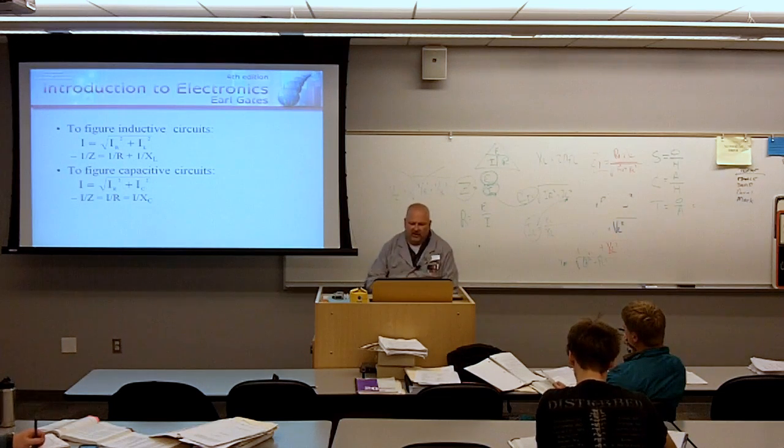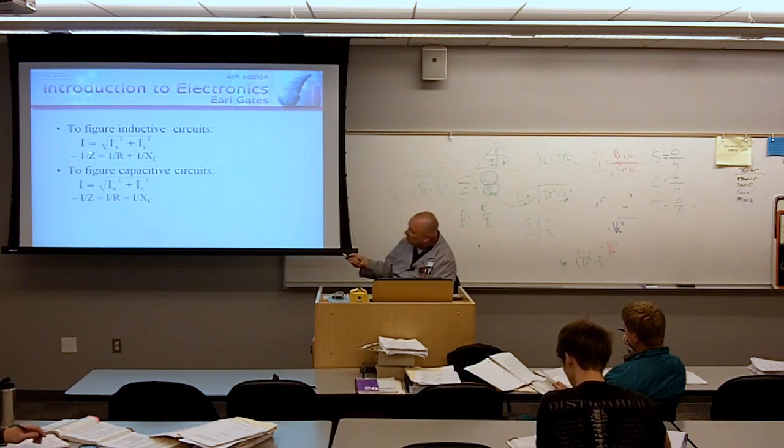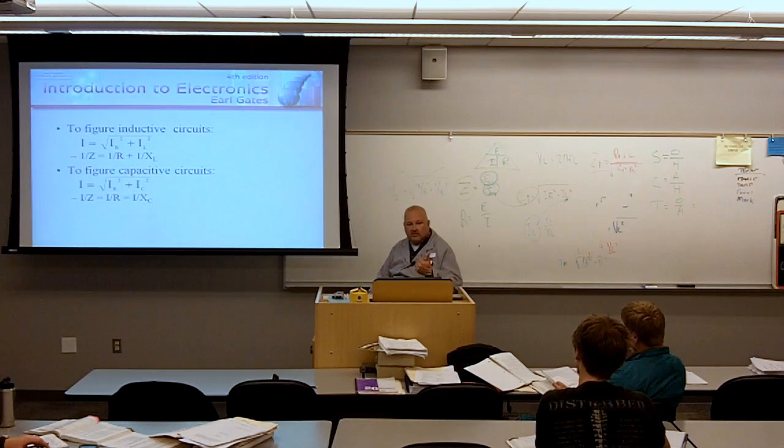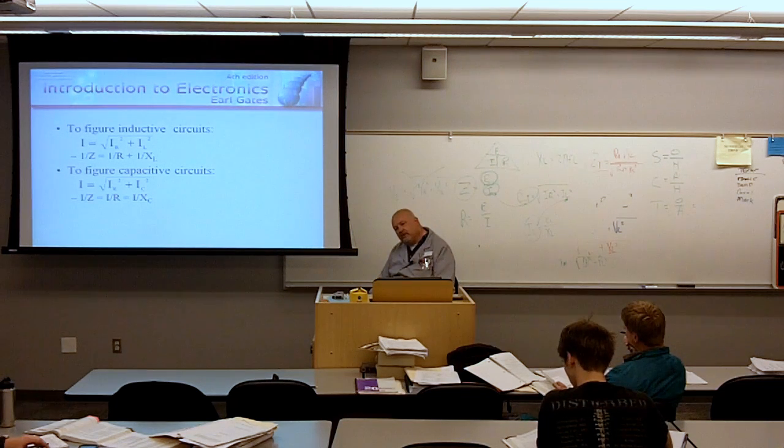I is equal to the square root of IR squared plus IL squared. What kind of circuit are we looking at here? Is it a series circuit or a parallel circuit? Parallel. How do we know it's a parallel circuit?